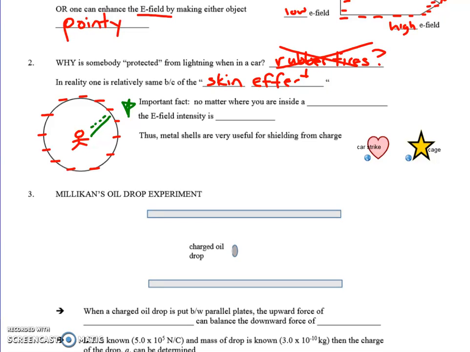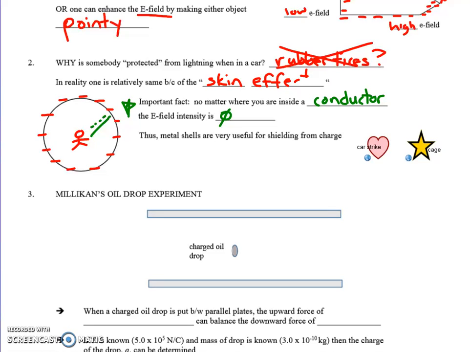You're probably really mad at me right now. Inside a conductor, it doesn't have to be hollow. Even a solid sphere, this rule applies. And if it's a conductor, then it's probably made of a metal. That's why I changed my mind. But anywhere inside a conductor, the electric field intensity is 0. That's a really, really important point.